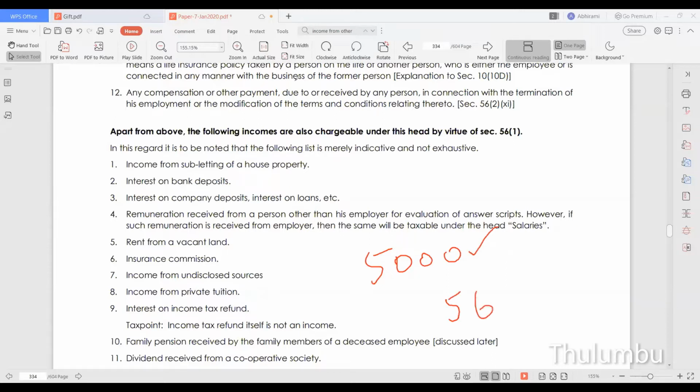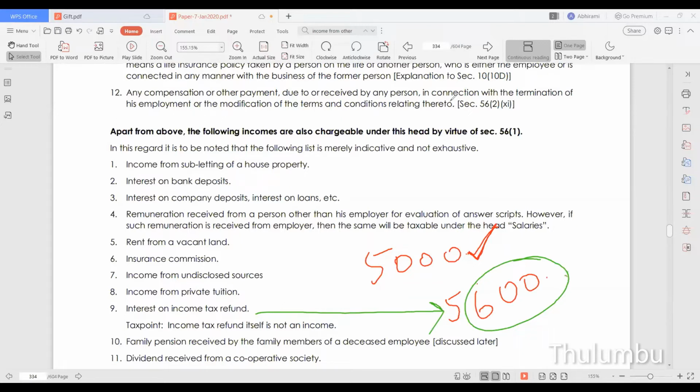Say if they are giving you 5,600, உங்களோட actual refund amount எவ்வளவு? 5,000. ஆனா எவ்வளவு கொடுத்திருக்காங்க? 5,600. So this 600 is nothing but interest on income tax refund. So the 600 will be taxable as income from other sources.